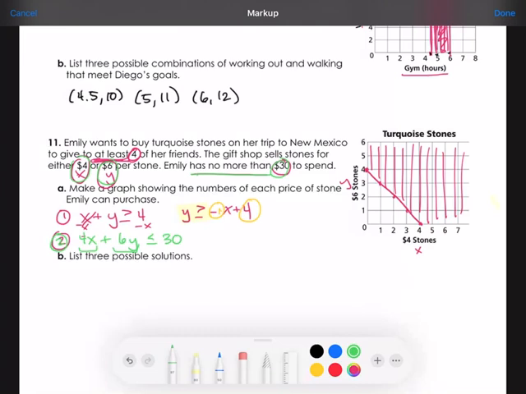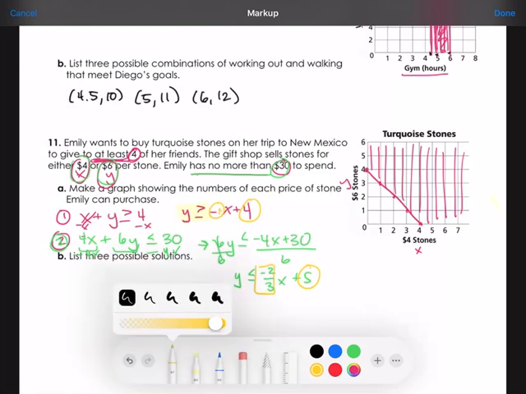All right, for my second line, I want to move the x to the other side, so I'm going to subtract 4x. And I get 6y is less than or equal to negative 4x plus 30. When I divide both sides by 6, I get y is less than or equal to, 4 and 6 are both divisible by 2, so I get negative 2 over 3x plus 5. So I'm going to start on 5 and go down 2 over 3 for my slope.